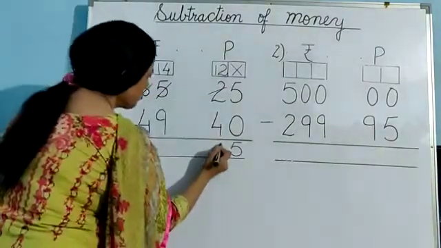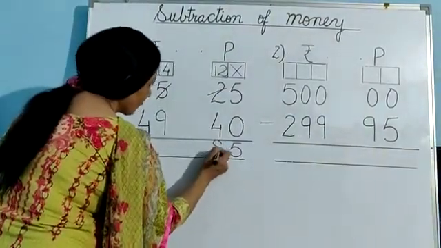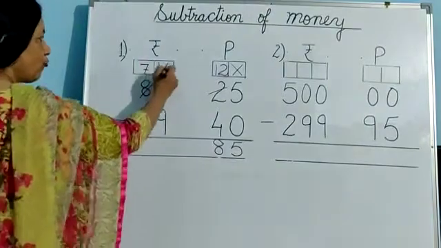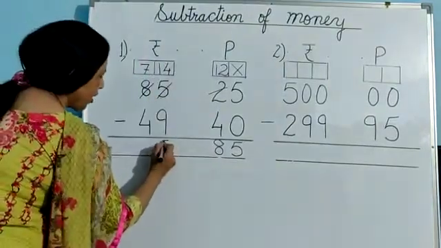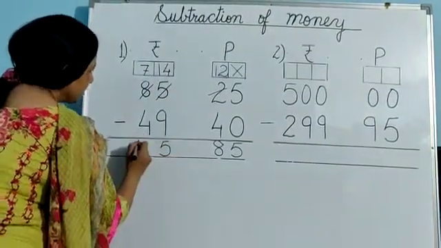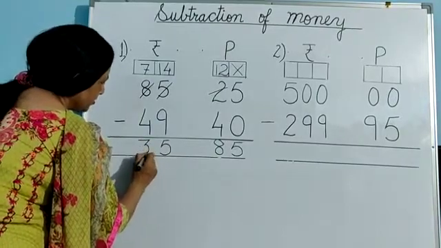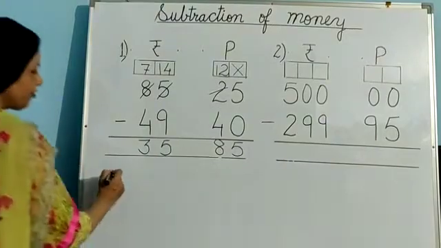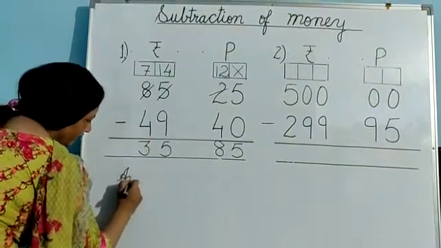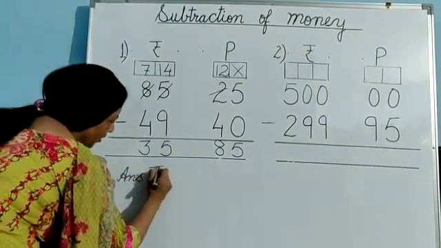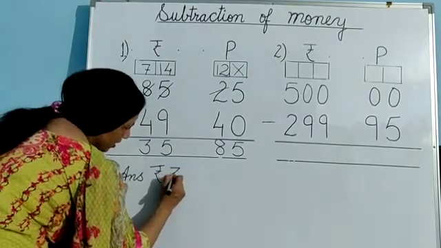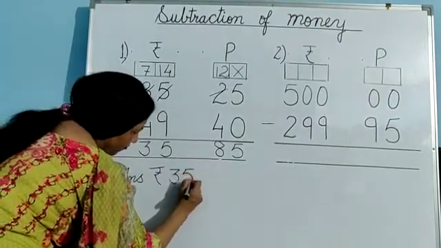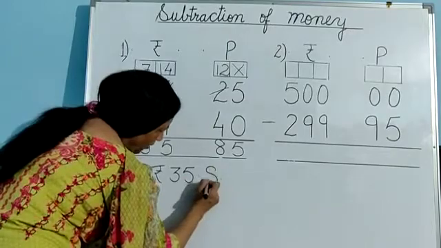Now 12 minus 4 is 8. 14 minus 9 is 5. And 7 minus 4 is 3. Clear बच्चे? What will be the answer? Answer is rupees 35.85.